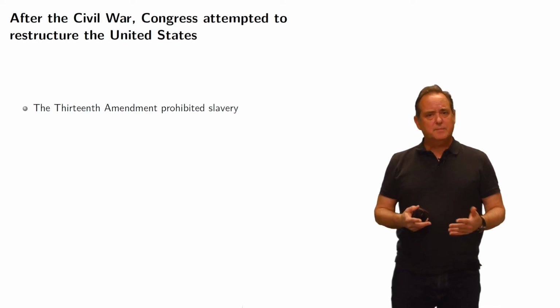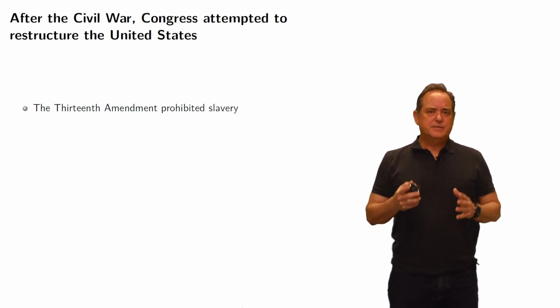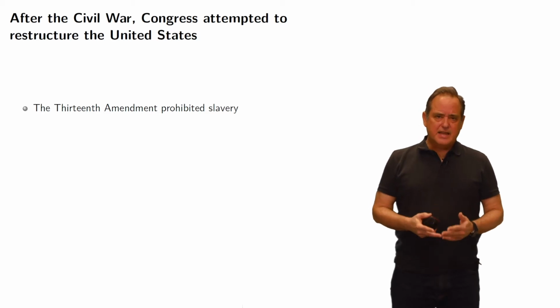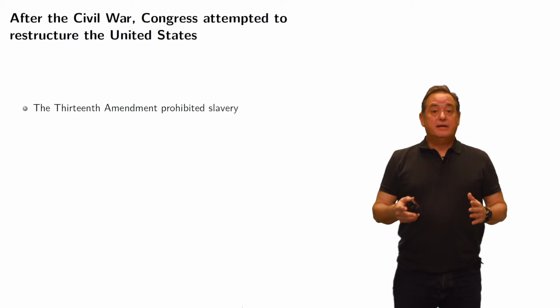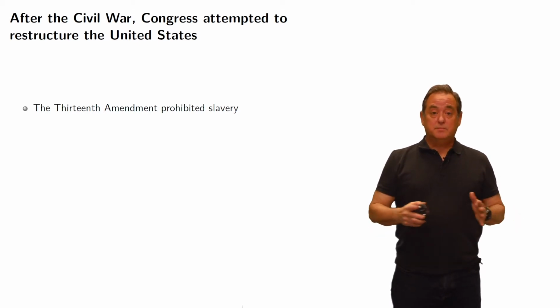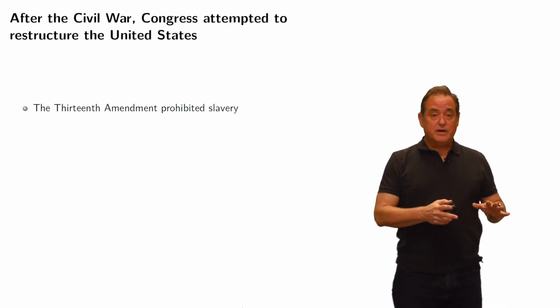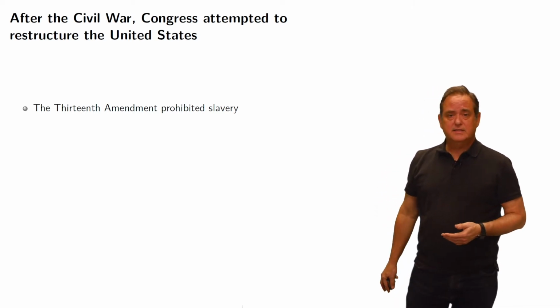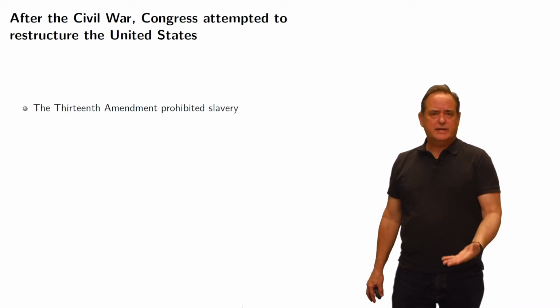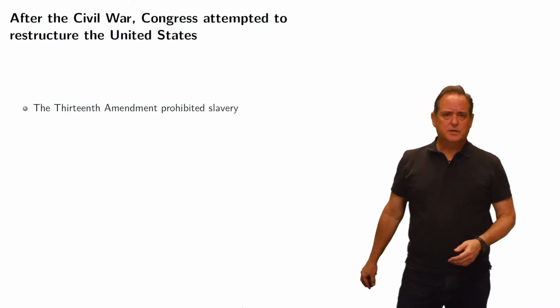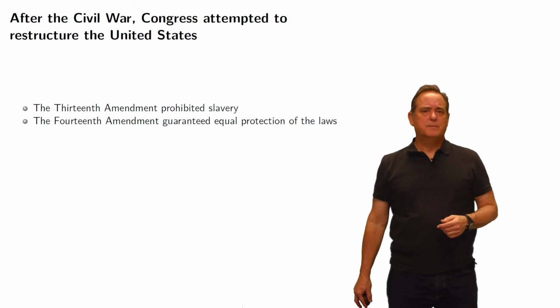For the first time, the Constitution specifically stated that slavery was prohibited. The idea being, we're going to remove the problem of slavery by doing away with the concept. We're going to prohibit the concept of slavery. Slavery will never again be written into the law the way that it was prior to the Civil War.